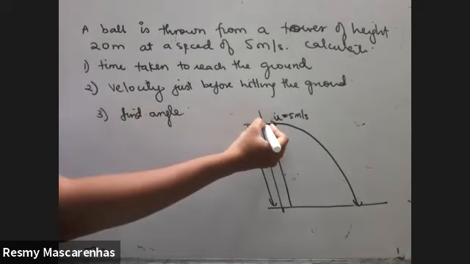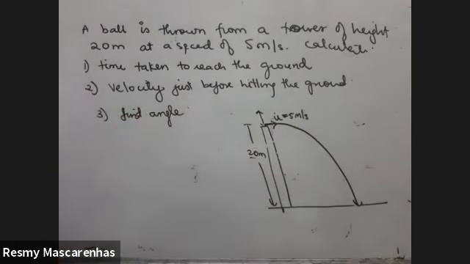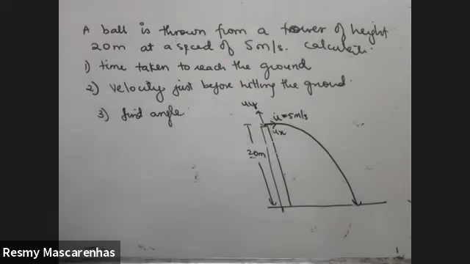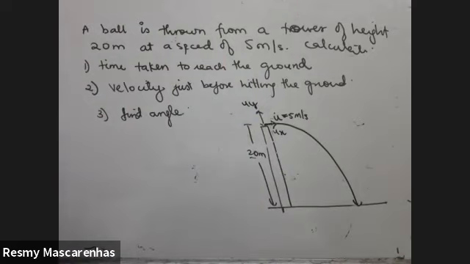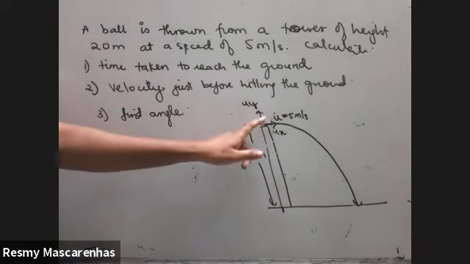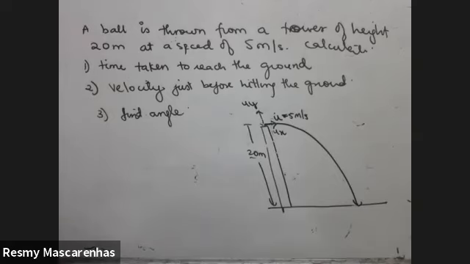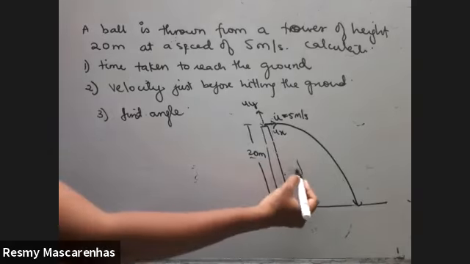Definitely it has a horizontal component and a vertical component. This will be Ux, this will be Uy. Now it's not going up, it's to be considered like this. Definitely there's gravity.